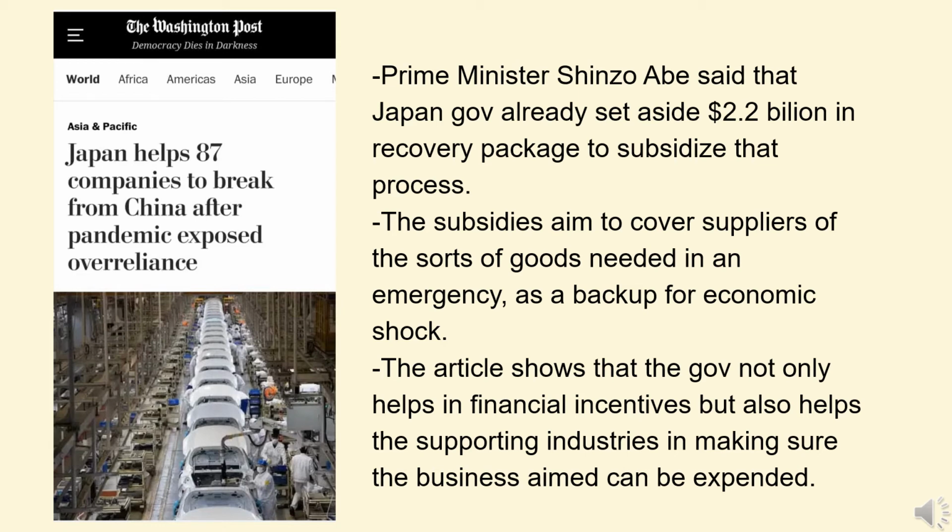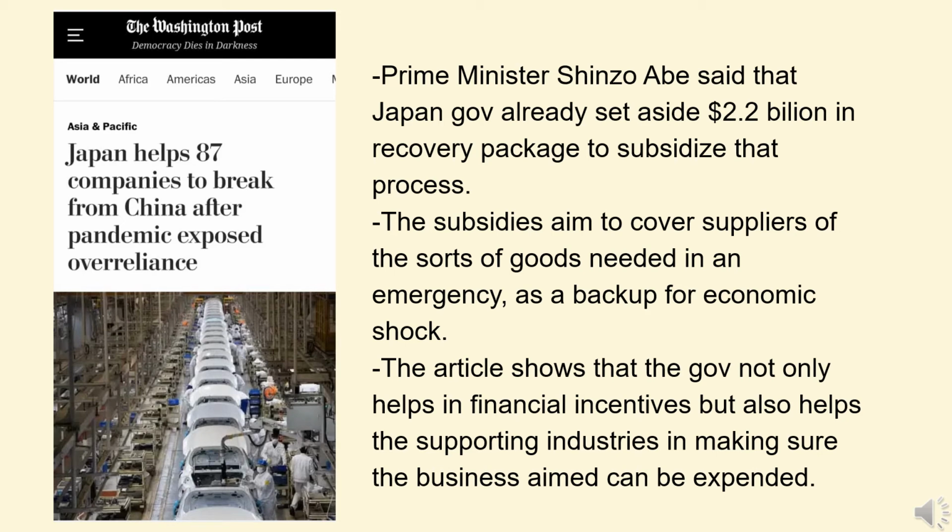The subsidies aim to cover suppliers of the sorts of goods needed in an emergency as a backup for economic shock. The article shows that the government not only helps with financial incentives, but also helps the supporting industries, making sure the business aimed can be expanded.